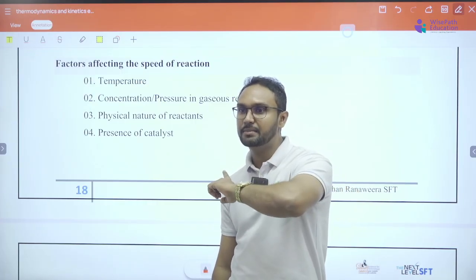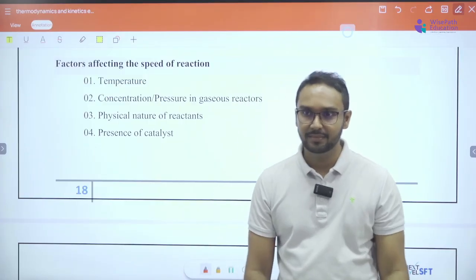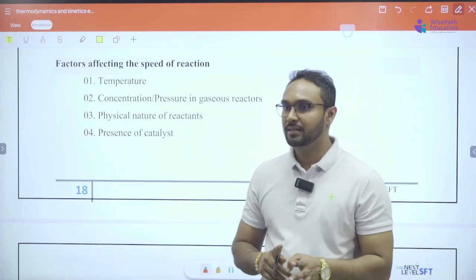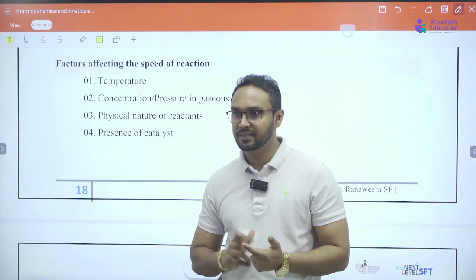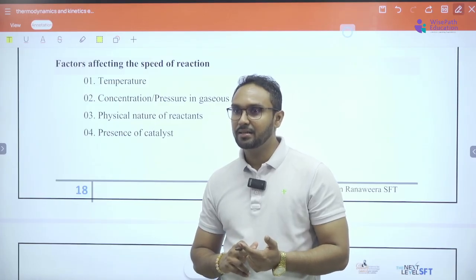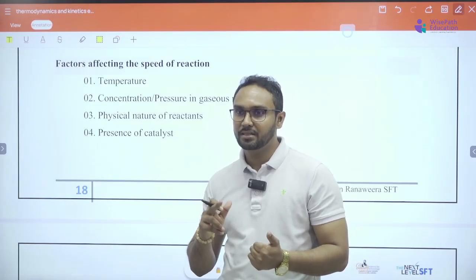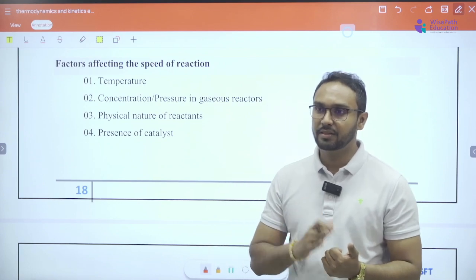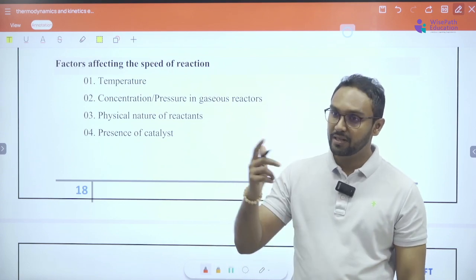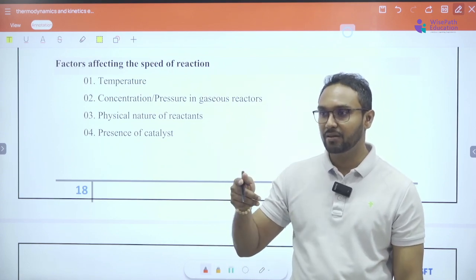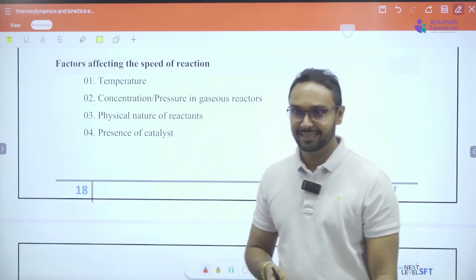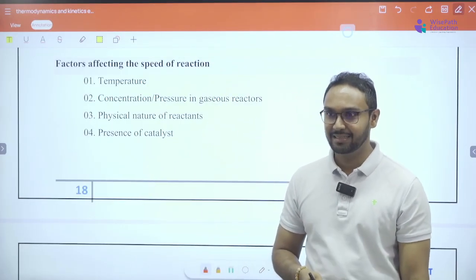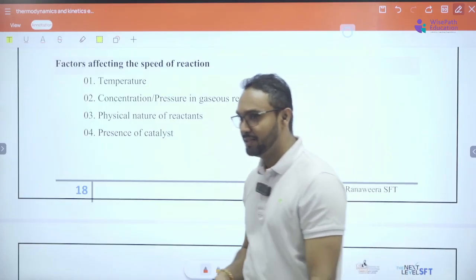The collision theory has three things: collision, orientation, activation energy. So we have to explain how temperature, concentration and nature of the reactants increase the rate of reaction using the collision theory. Now let's come to temperature.